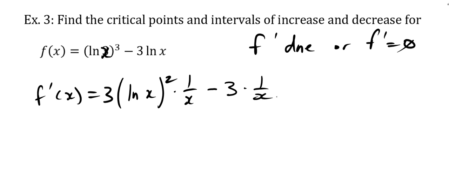So if I've got that 3 around the whole ln of x, then take the 3 down. You still have the ln of x. Exponent becomes squared, and then multiply by the derivative of what's inside, right? Like our chain rule. So it should look like this. And now you have to start thinking about how you're going to solve it. What do you think?